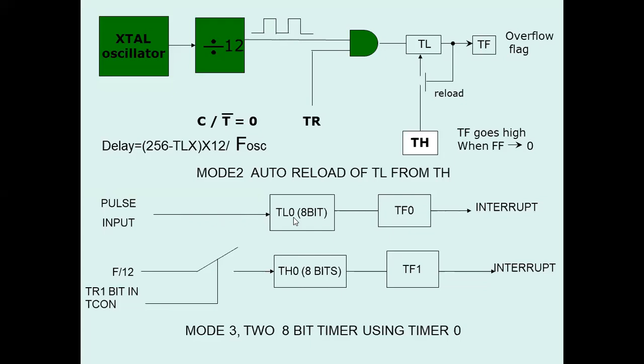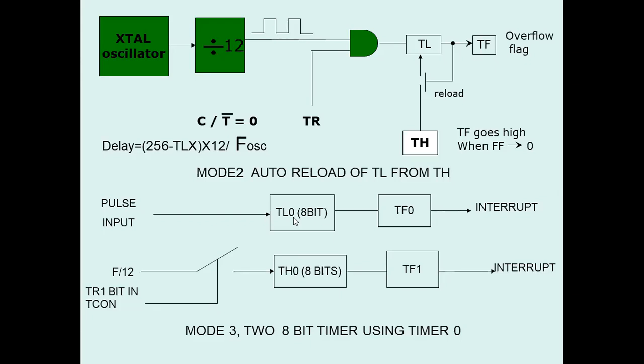So in mode 3, TL0 is automatically treated as timer 0, and TH0 is considered as timer 1. Clear or not? This is a constructional, manufacturer-given specification, so we cannot change this.